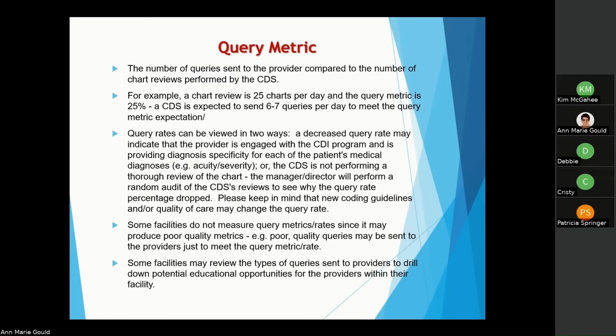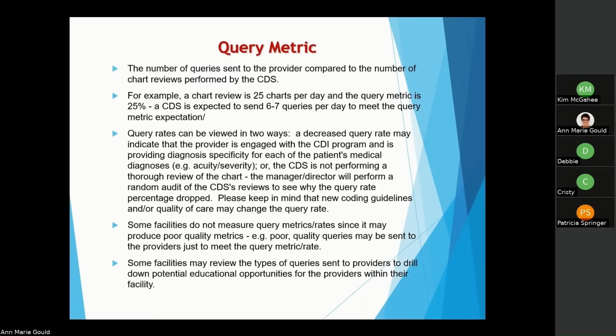So you have to look at what types of charts you're reviewing, what is going on, how engaged are the providers in the organization you work for. Okay. And is that a really realistic goal percentage for that CDI team KPI metric? I don't know.